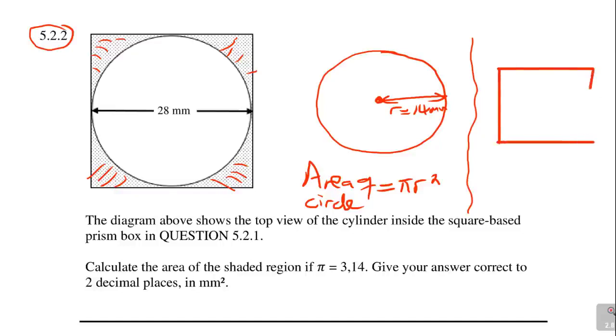See? Now let's find the area of this square. Now we know this is 28 and this is 28, but it's millimeters. So what's the formula for the area of a square? It is L squared, remember, which is equal to what? L squared is 28 squared. So that's what you do.